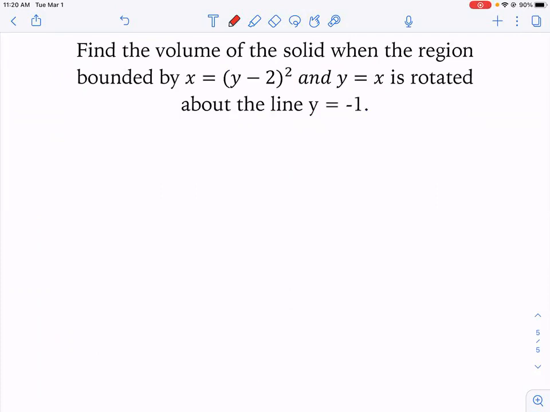We are going to find the volume of the solid when the region bounded by this parabola and this line is rotated about the line y equals -1. You, without me, make this graph. We'll set it up together, but you need to do the graph without me, and your calculator is not going to help you either.